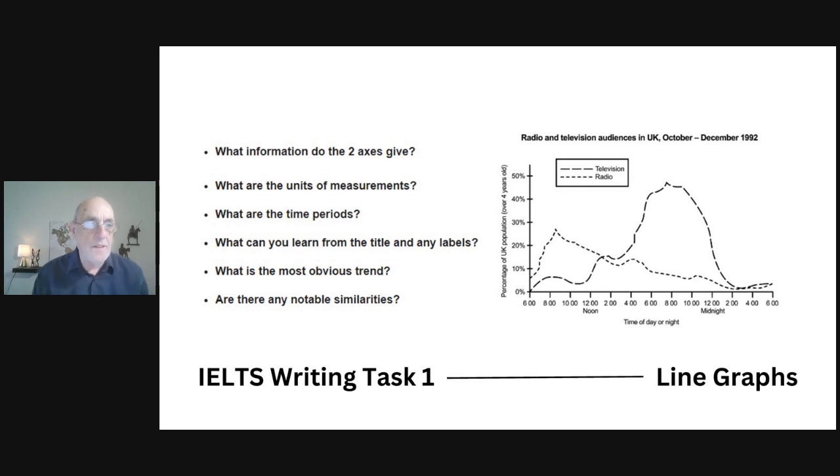And we can see also that our two lines are labeled on the graph, so we know that the lines with the longer dashes are for television and the shorter dashes are for radio.